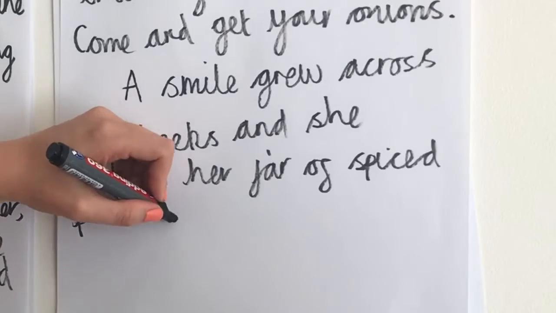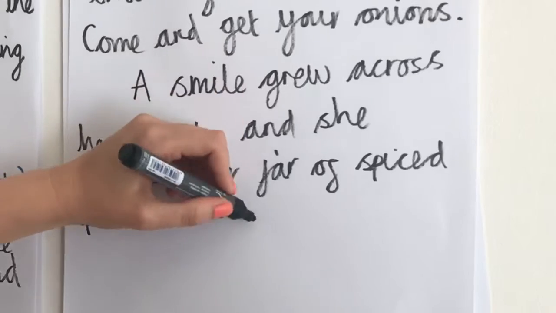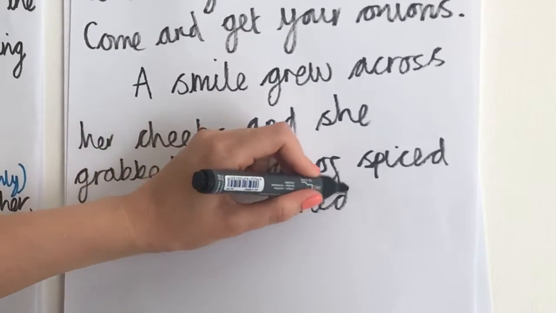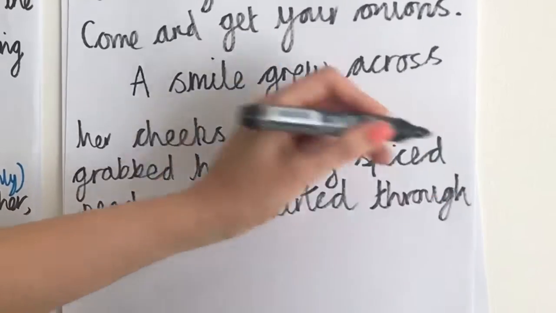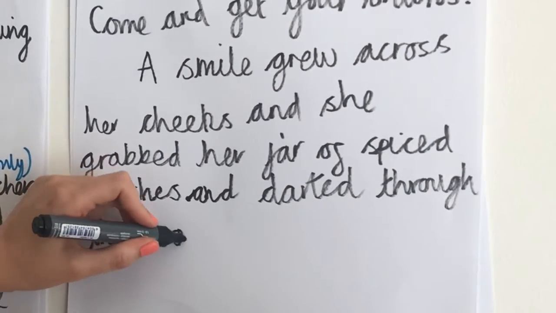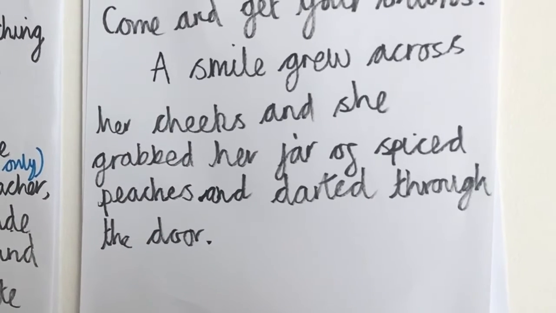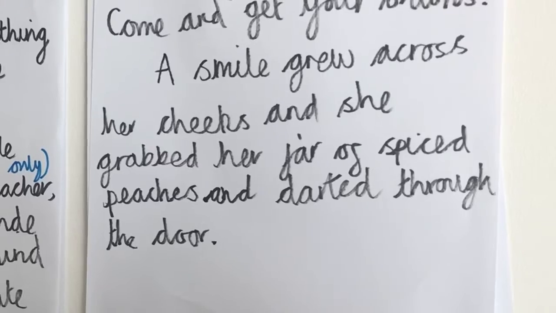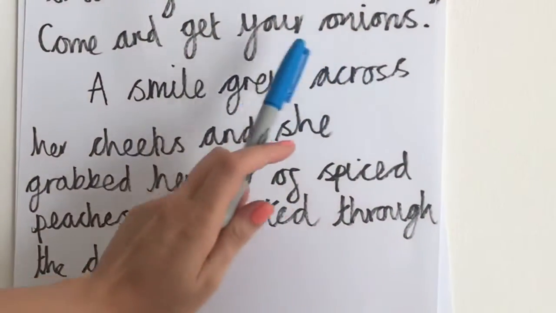Oh, I might carry on. And darted, she's in a real hurry here, darted through the door. So she's gone outside to see Sam. Okay, right, just have a quick polish of that. Broken by the well-known chant of onions, onions, come and get your onions.